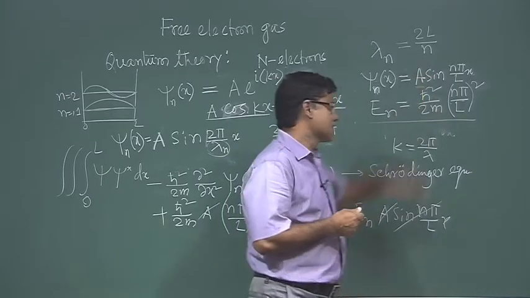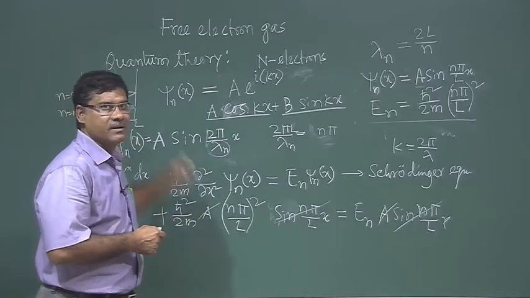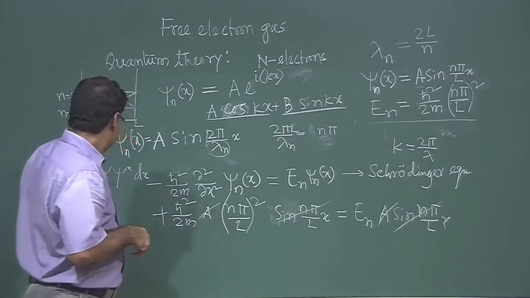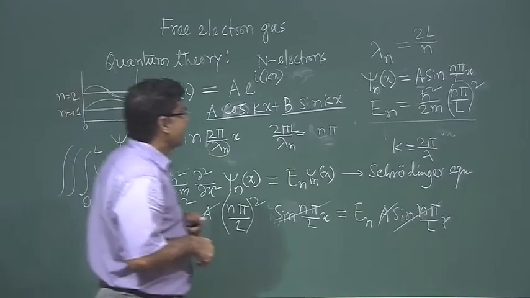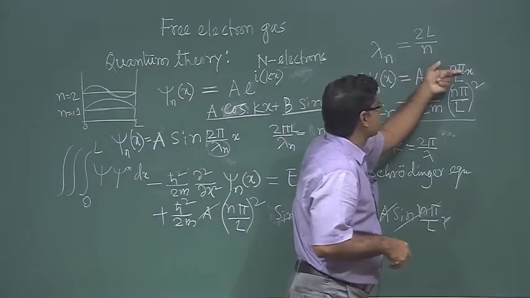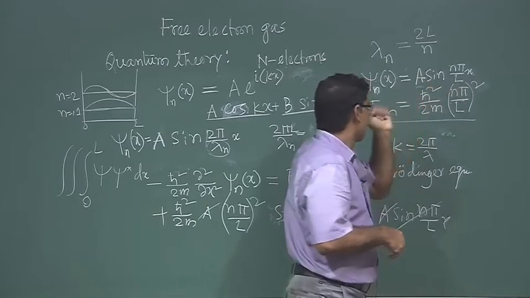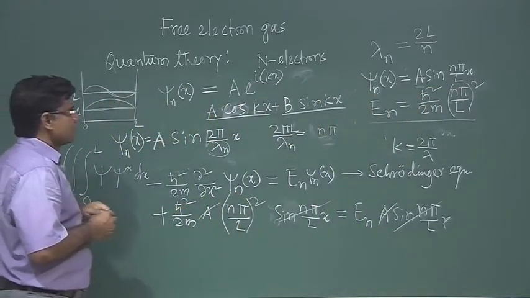So, 1 means within this limit it will be 1 dx, so it will be L, and this part divided by n pi by L, right.